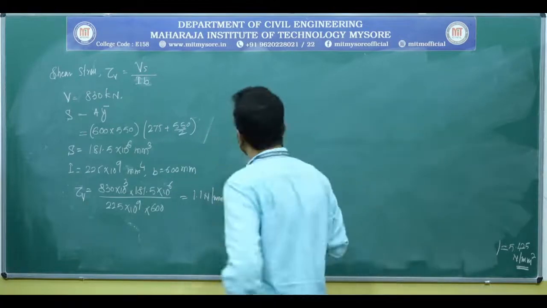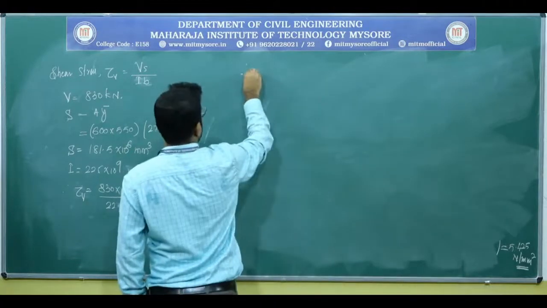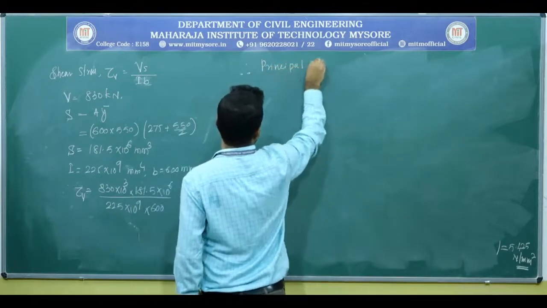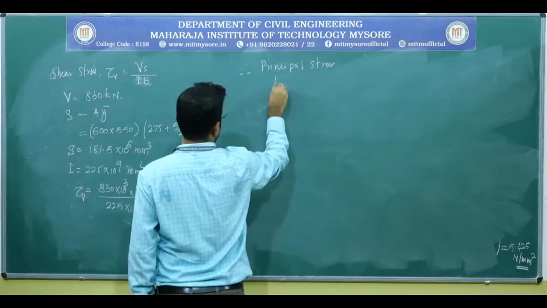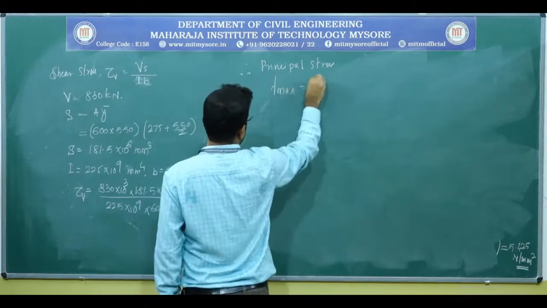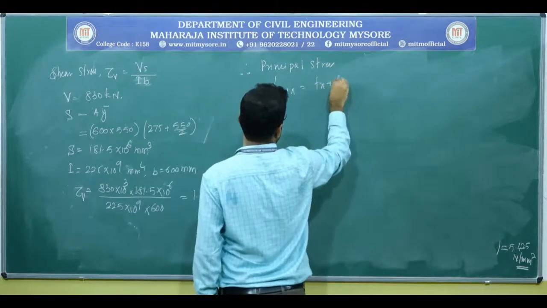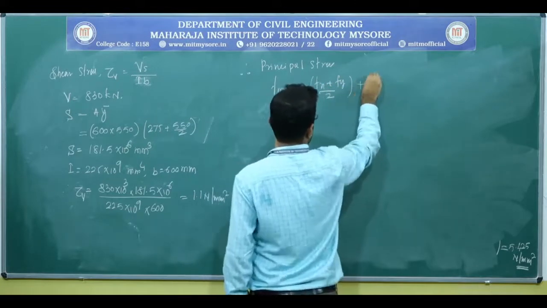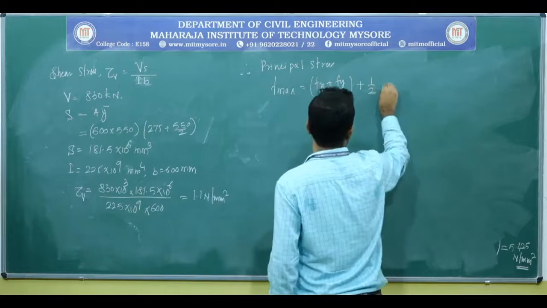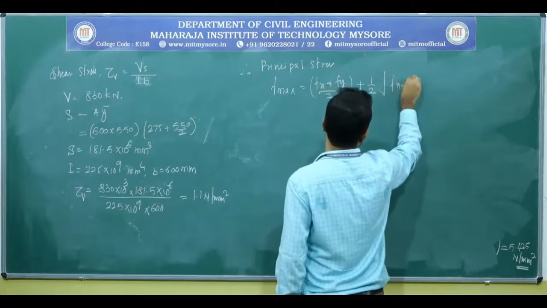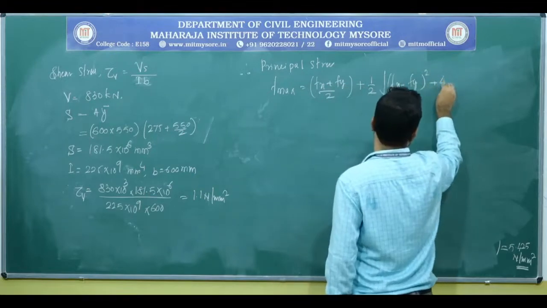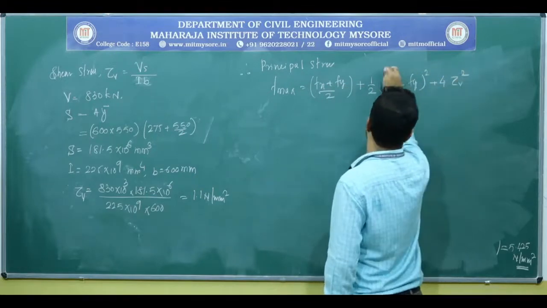Therefore, principal stresses F max is equals to Fx plus Fy by 2, plus half into under root of Fx minus Fy whole square plus 4 times tau v square.